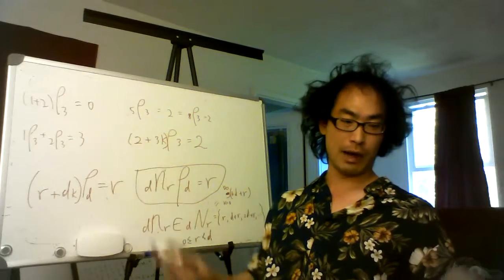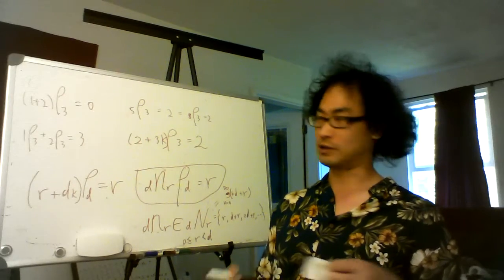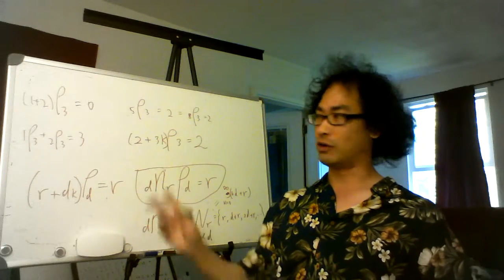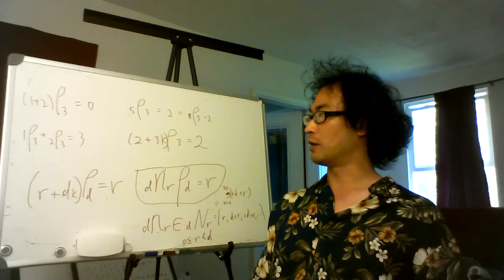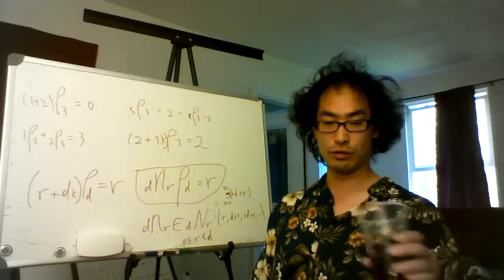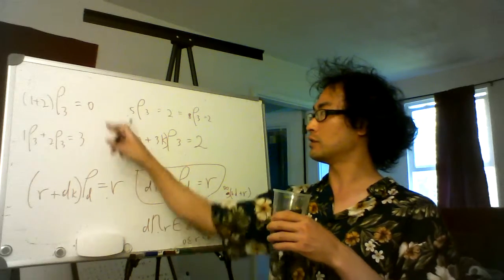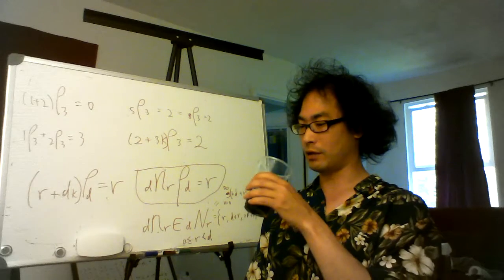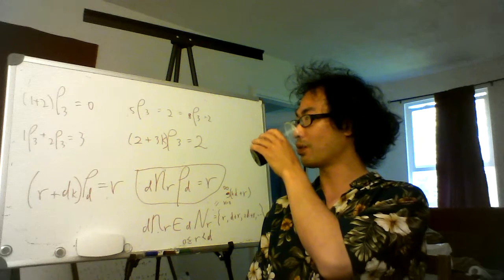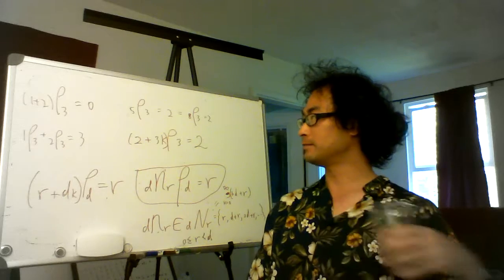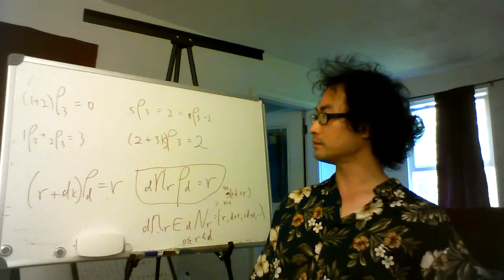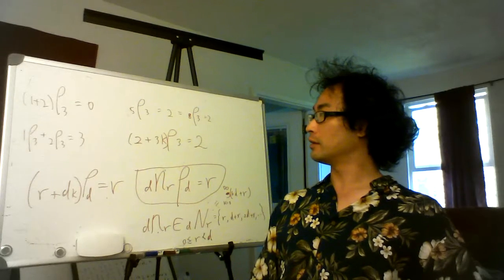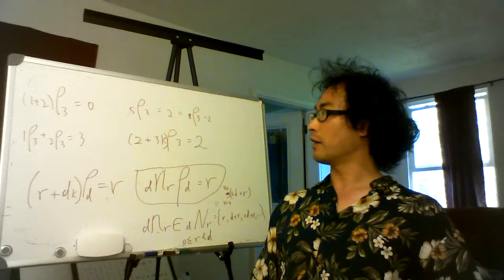Rho is a remainder operator, so it's not distributive. If you wrap this whole thing with modulo, then yeah, 3 and 0 are congruent modulo 3.